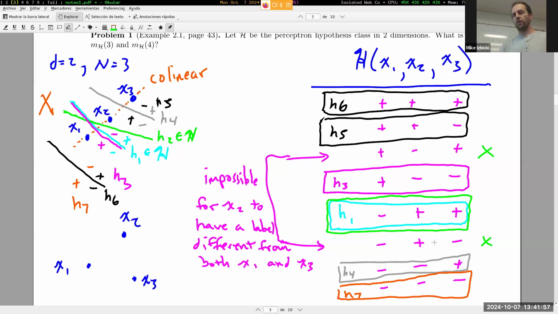But the important thing is that there are some things that we cannot generate, like negative plus negative or plus negative plus. There is no way to draw a single straight line through here that's going to separate X2 from these other X1 and X3. And so these two lines right here are not included in the dichotomy. So the size of the dichotomy in this case is equal to 6.